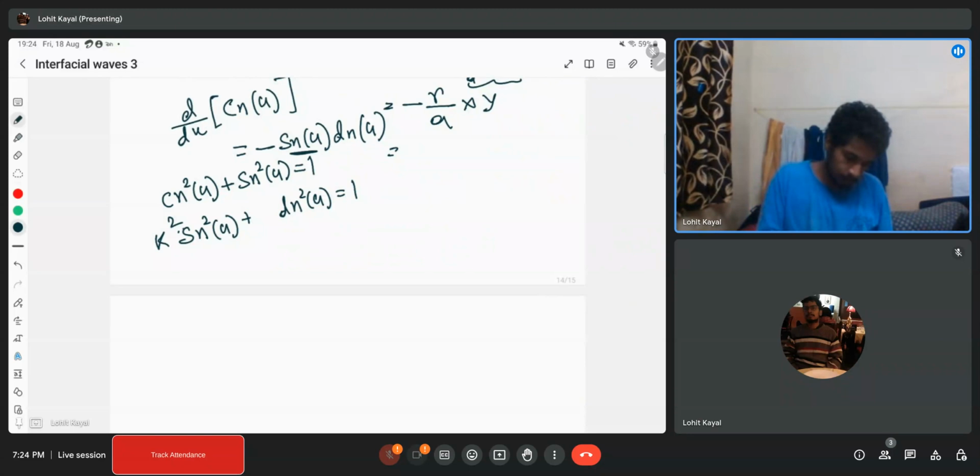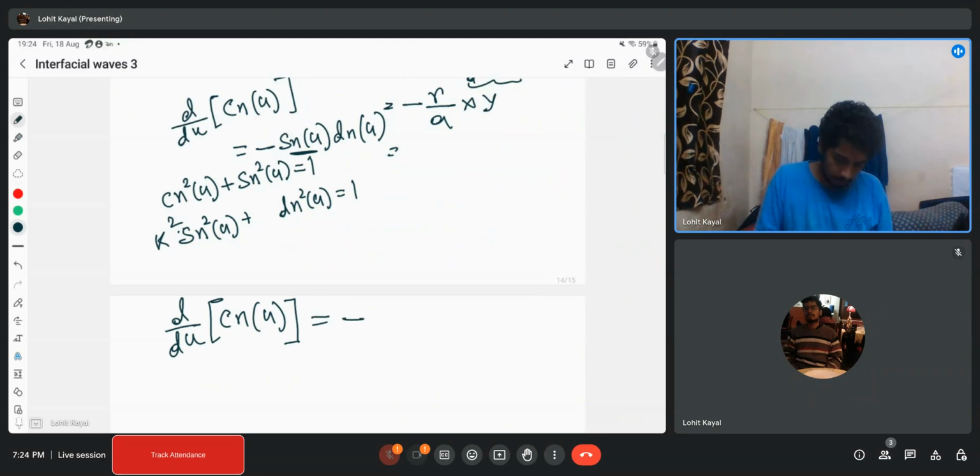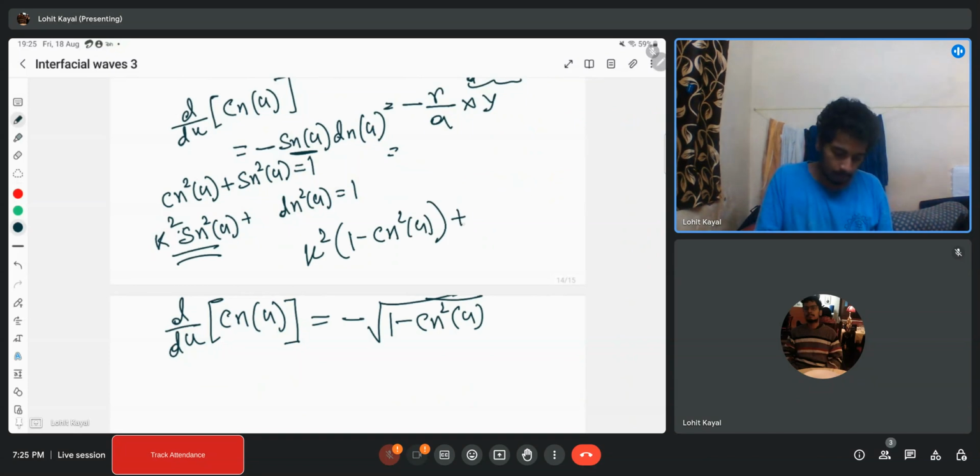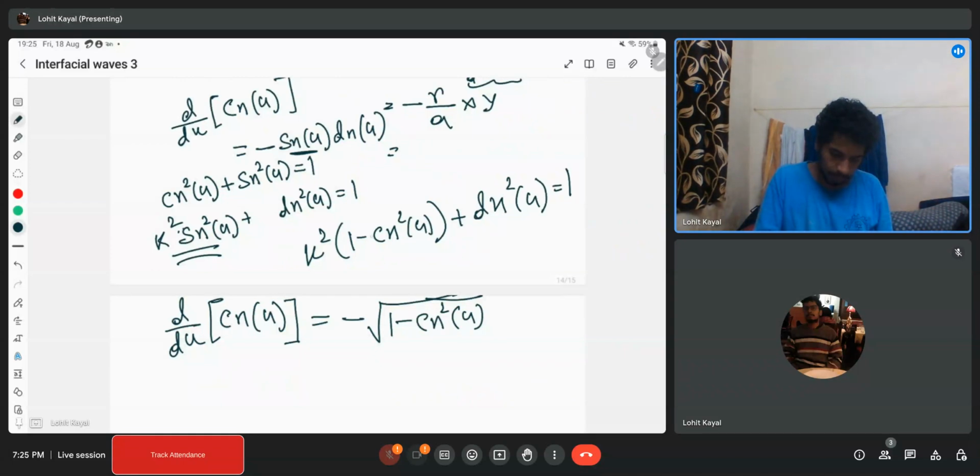So instead of sn u, in d/du of cn u we can write the square root of 1 minus cn square u, and we can expand it like this: k square into (1 minus cn square u) plus dn square u equal to 1.